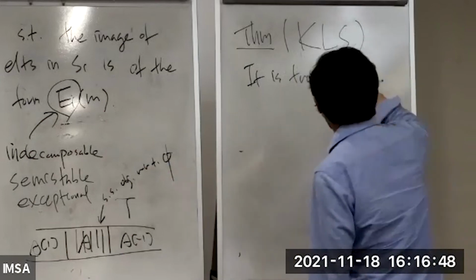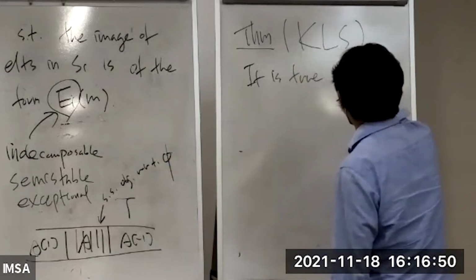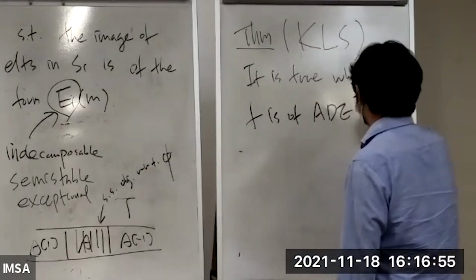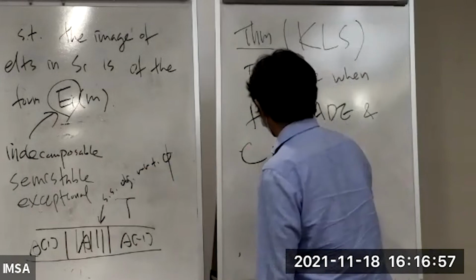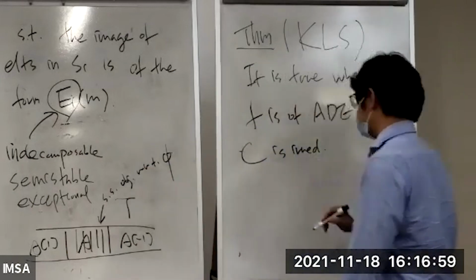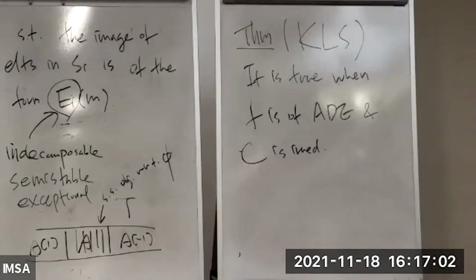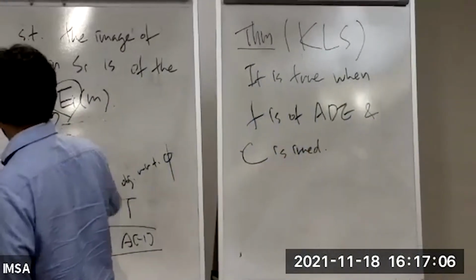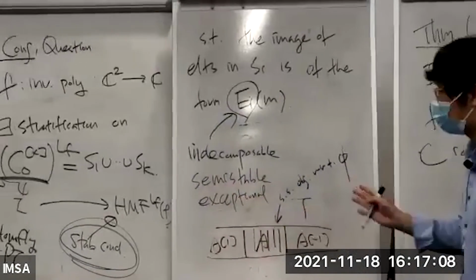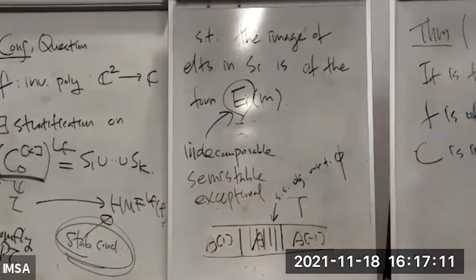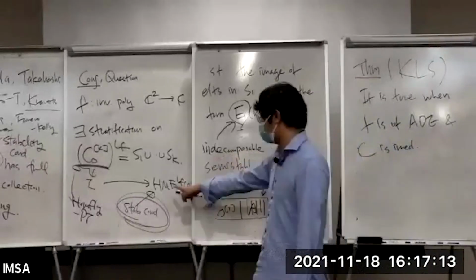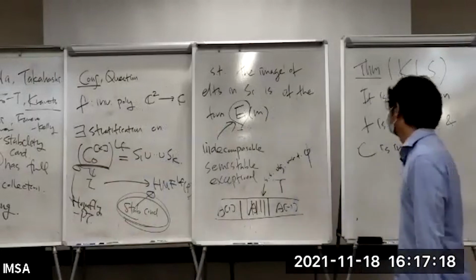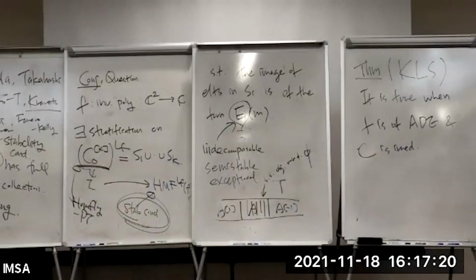When F is of ADE type, we prove that this gives an exceptional object here, up to a shift. And indeed, the stratification coming from here and here coincide. That's what we prove.